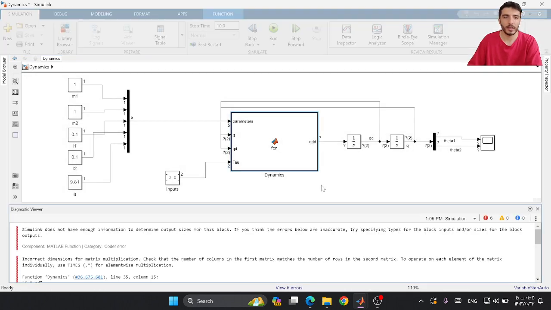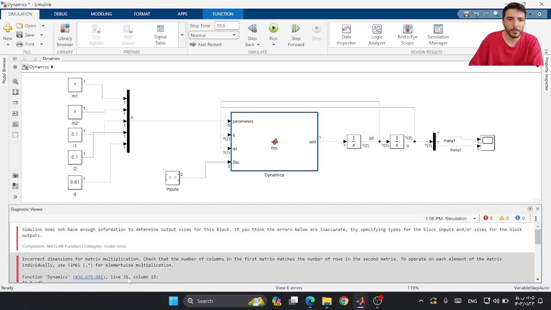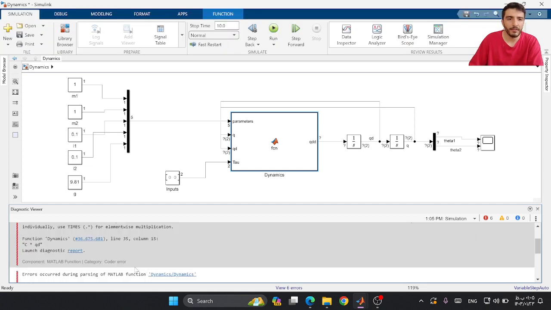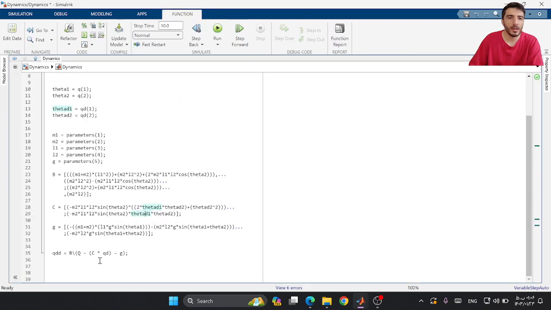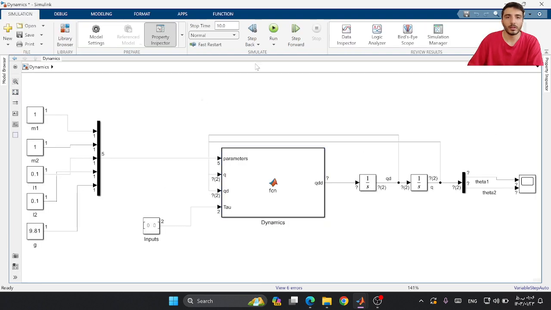Okay, let's run it again. Another error, we have C times Q dot. We need to add a dot there.